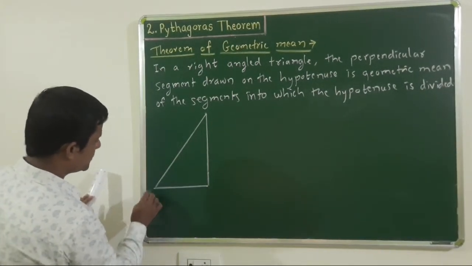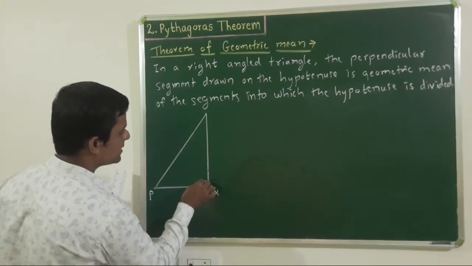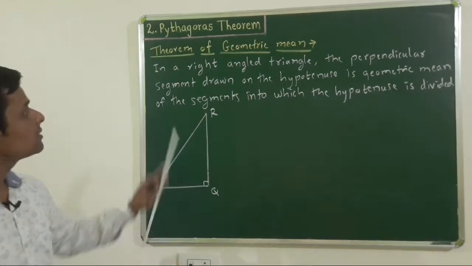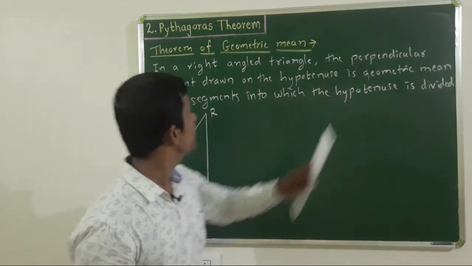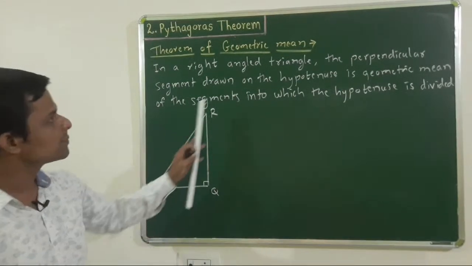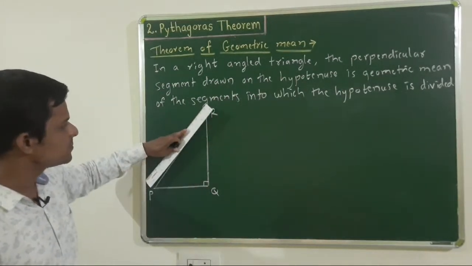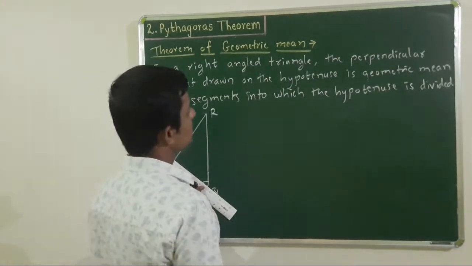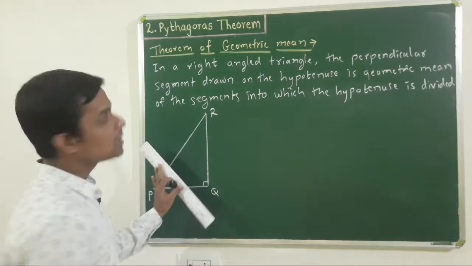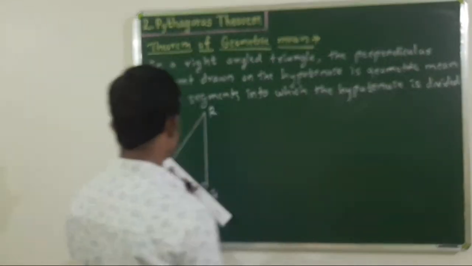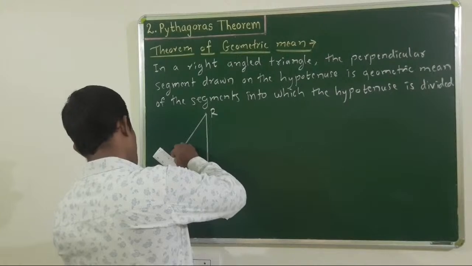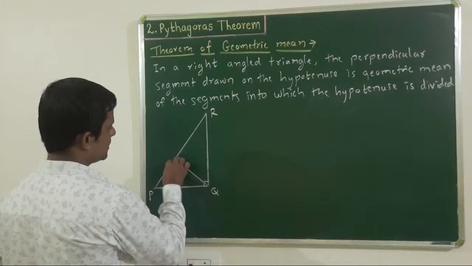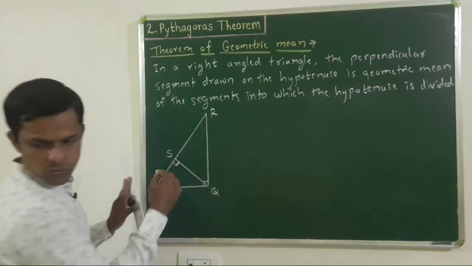This is your triangle PQR, which is a right angle triangle, right angled at point Q. Now the hypotenuse is PR, and we have to draw a perpendicular on the hypotenuse from its opposite vertex, that is point Q, and this perpendicular segment is QS.